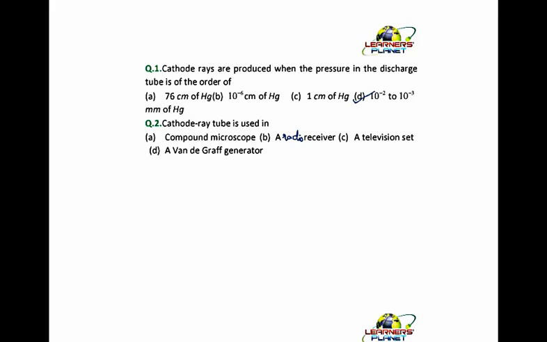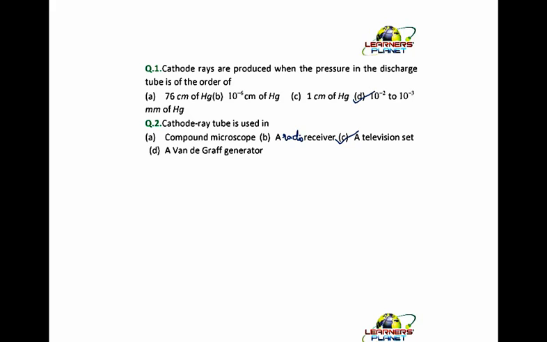The cathode rays strike that material, and after striking, they produce some visible light.